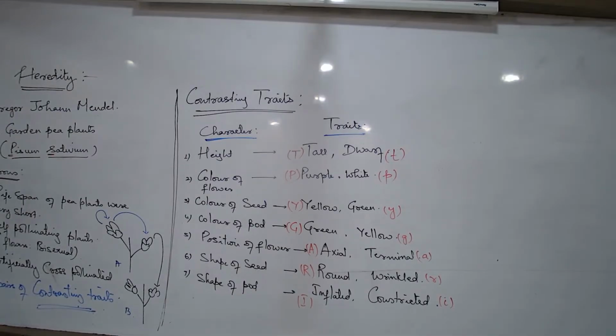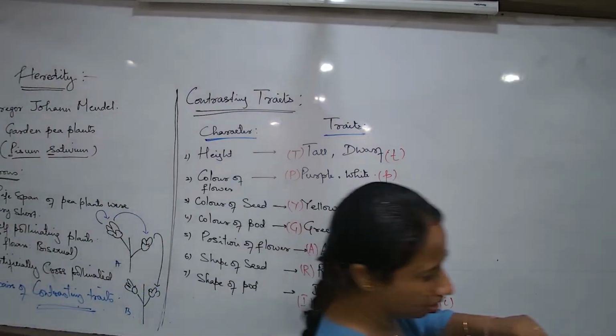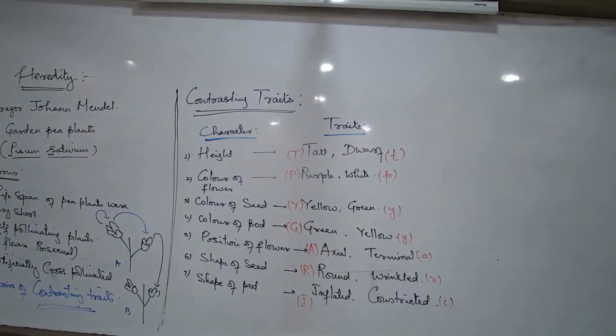Then we now talk about the concept of laws. Doubt? What is constricted? Constricted means, if it is fleshy, then it will look like this. Fleshy green, like I showed you one more picture about the pods, green fleshy.